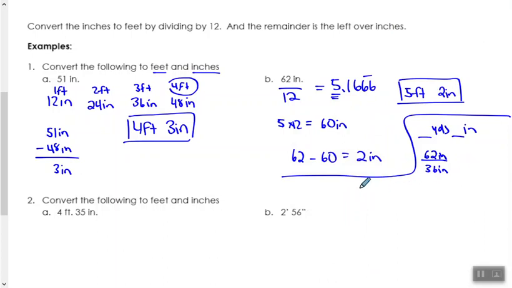Okay, so I have 1 full yard and there will be a fraction of a yard. So if I just do 62 minus 36, I get 26 inches. So this would be, for an answer, 1 yard and 26 inches.